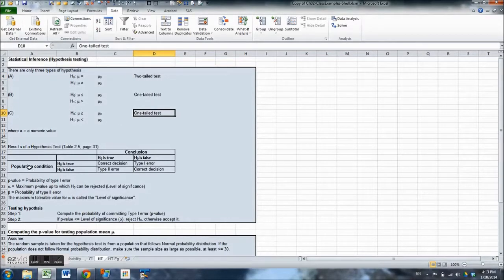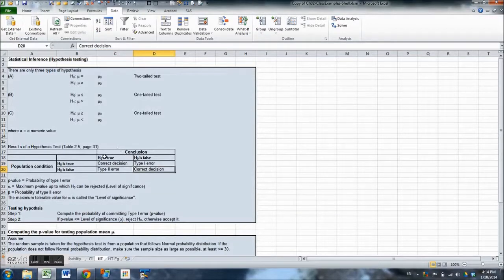Now, the population condition could be that the null hypothesis is true or the null hypothesis is false under any of these three different hypotheses. But we are going to make a conclusion based on the sample, and we may conclude that H0 is true or H0 is false. Now, if our conclusion matches the underlying population condition, then the decision is correct, in these two cases.